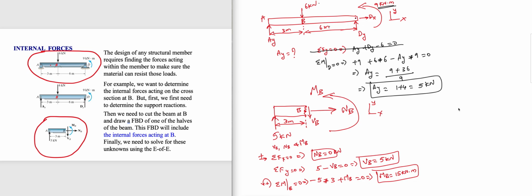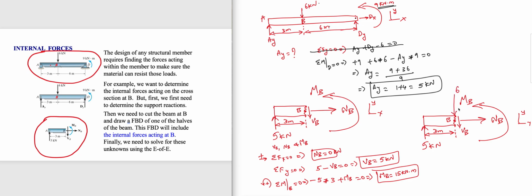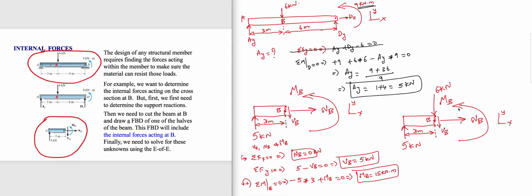What will you do? You have the same thing, but at B, you have the 6 kilonewton force. This is to the right of B, just to the right of B. Then you apply the same drill. What is the same drill?